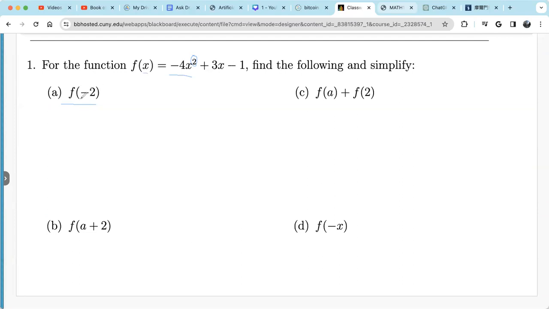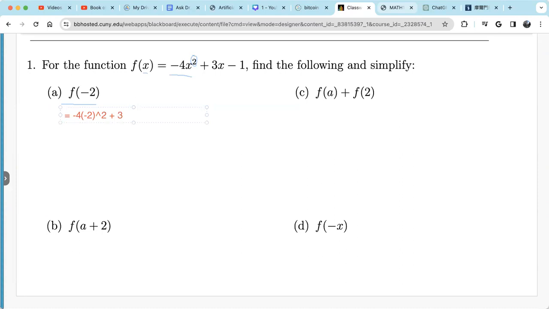So now the input is negative 2 for part A. We just push the input into this function machine. We still have negative 4, now times negative 2 squared, because the input is not x anymore, it's negative 2.